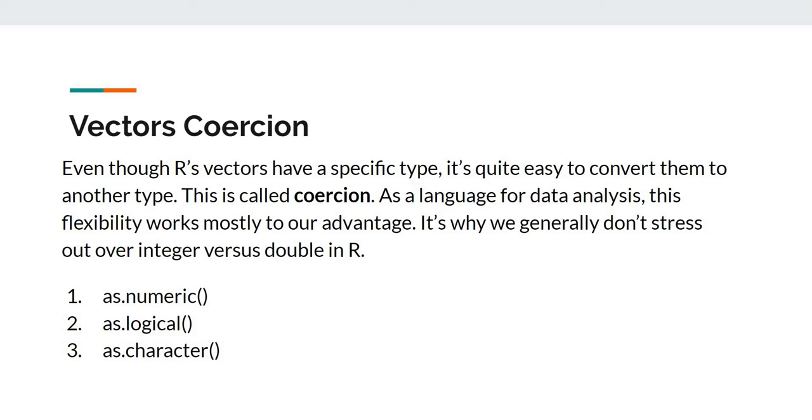It's why we generally don't stress over integer versus double in R. So suppose we have a numeric data type and we want to convert it into a character data type. To do so, we use a function called character, and if we pass the variable into that, then we get a character from a numeric data type. We will see it later.